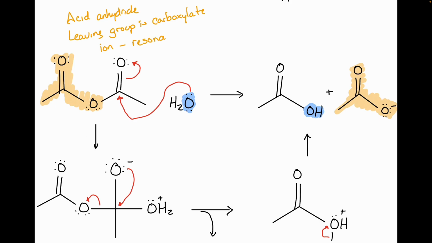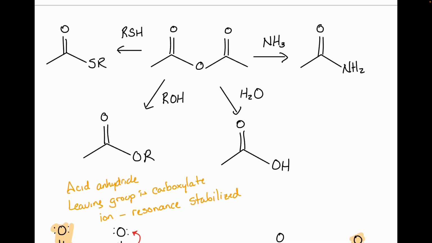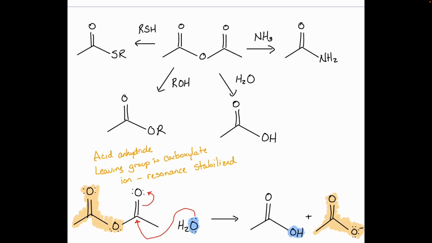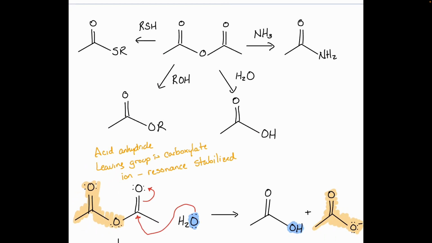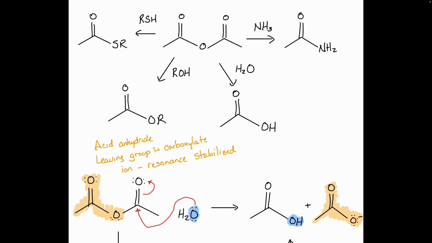Because they're resonance stabilized. Okay, so like our acyl halides, our acid anhydrides can be easily converted to those less reactive functional groups by adding in the proper nucleophile.